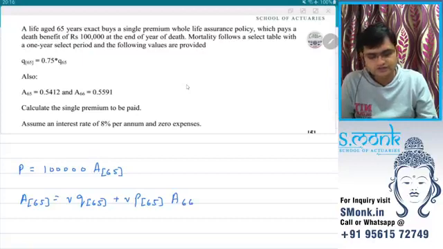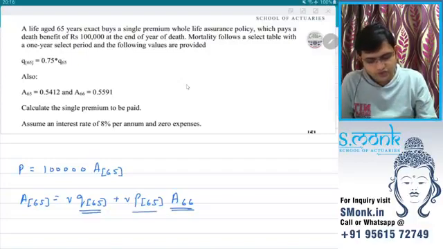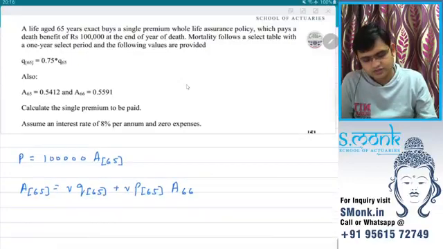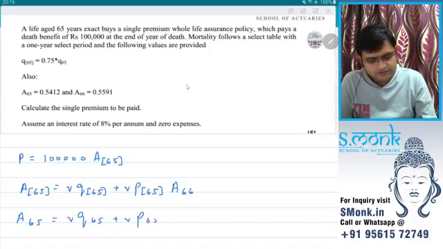A66 is what we will be getting. So A66 we have, but we need to find what our q select and p select are. So we'll be using A65 equals vq65 plus vp65 A66.